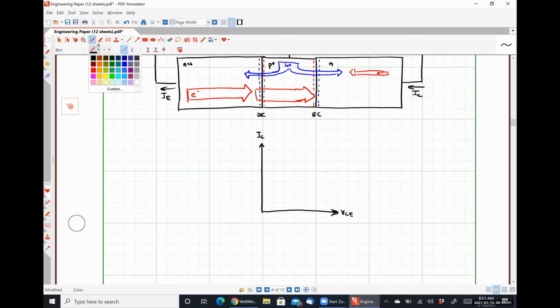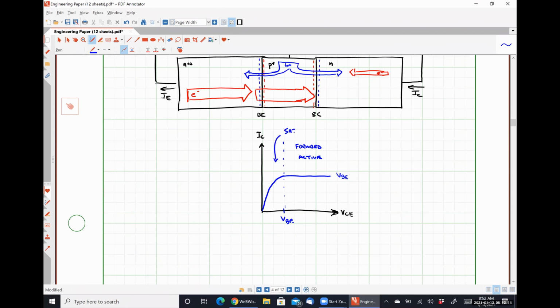We should observe something that looks a bit like this. So for a particular value, if VBE gives us this constant current, what's going on over here is forward active, and over here is saturation.